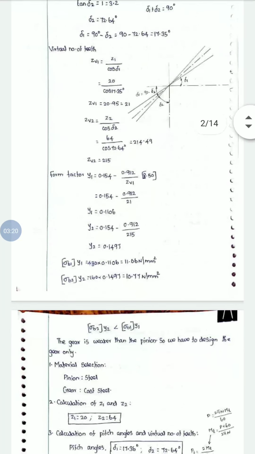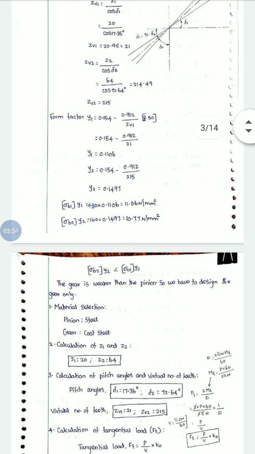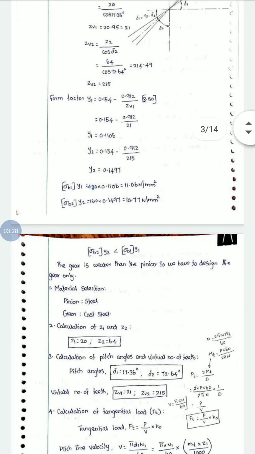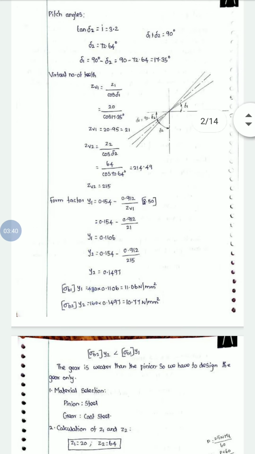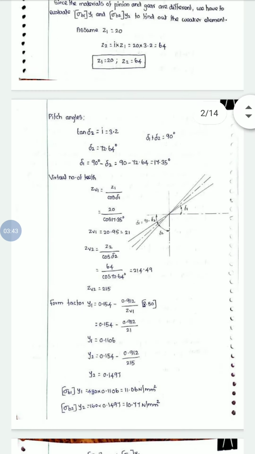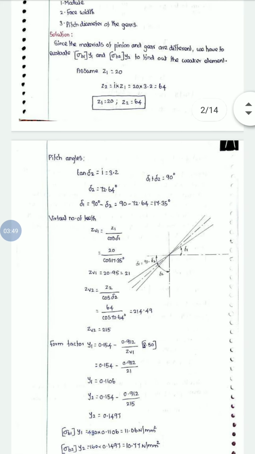For that, in the data book page number 8.50, form factor y1 is equal to 0.154 minus 0.912 by ZV1, for the 20 degree full depth involute condition. For that we have to find ZV1, the virtual number of teeth. ZV1 is equal to Z1 by cos del 1. For that we have to find Z1 and del 1.